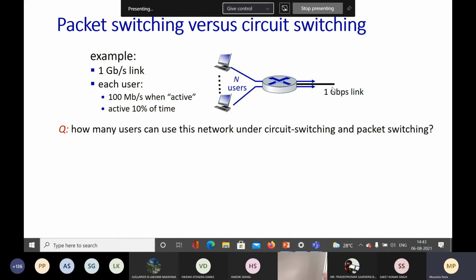This is just one link of 1 Gbps capacity, and there are n users connected. At a time, can anyone tell me how many users can use this network? If I use packet switching or circuit switching, which one will provide for more users to use this link?